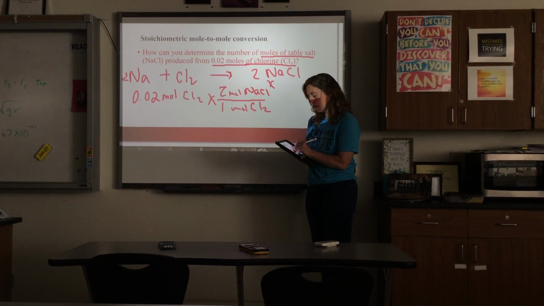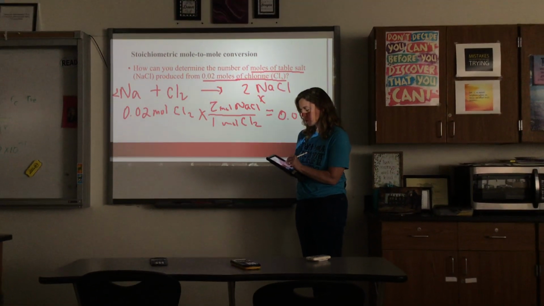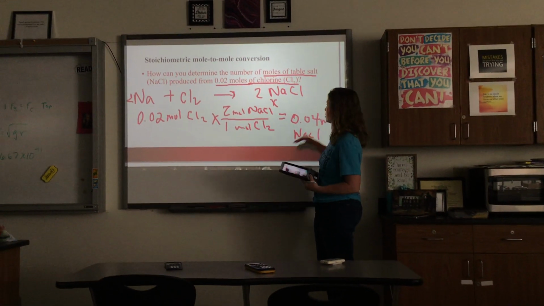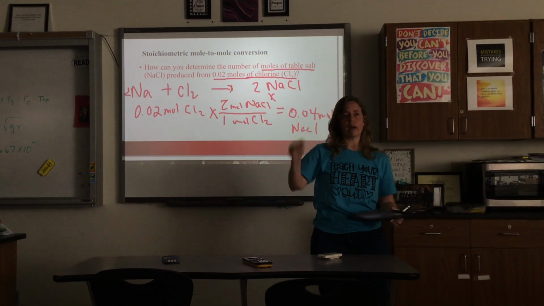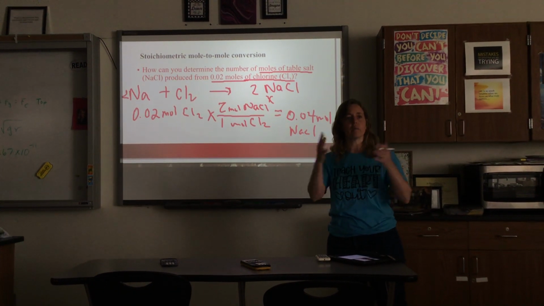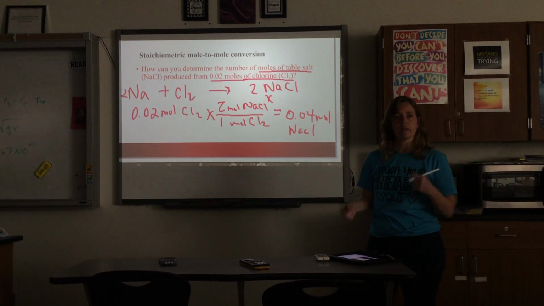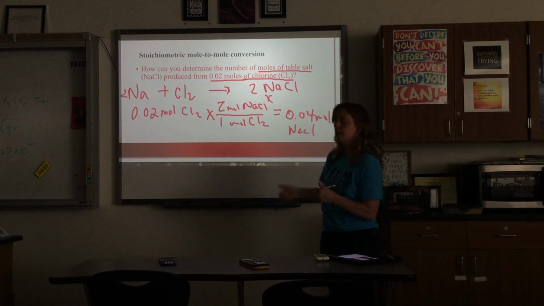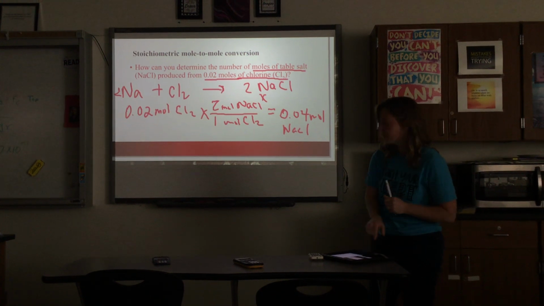So that's going to give me 0.04 moles of NaCl. So this right here is my mole ratio. This is what I'm going to be using in every single problem. Mass, volume, particle, my mixed problems. So what I'm using for everything is this mole ratio. You have to use that to go from one thing to another. Okay? So that's just a little review.